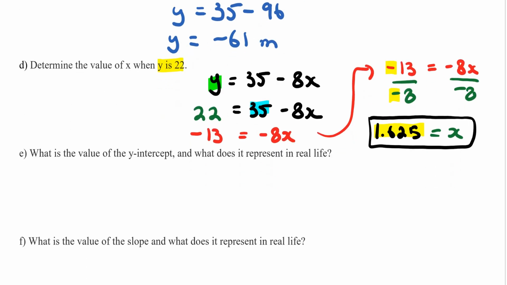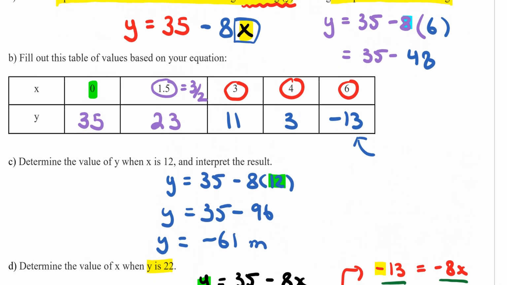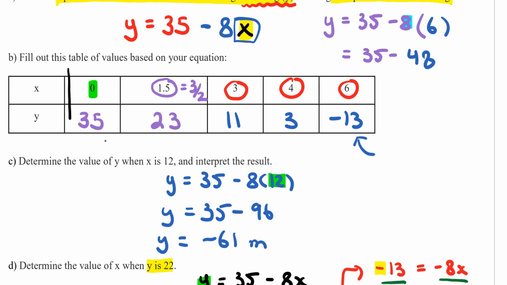Perfect. Okay. What is the value of the y-intercept and what does it represent in real life? So what's the value of the y-intercept here? If I go back to my table, you have to recognize that when x is equal to 0, that's when you have your y-intercept.